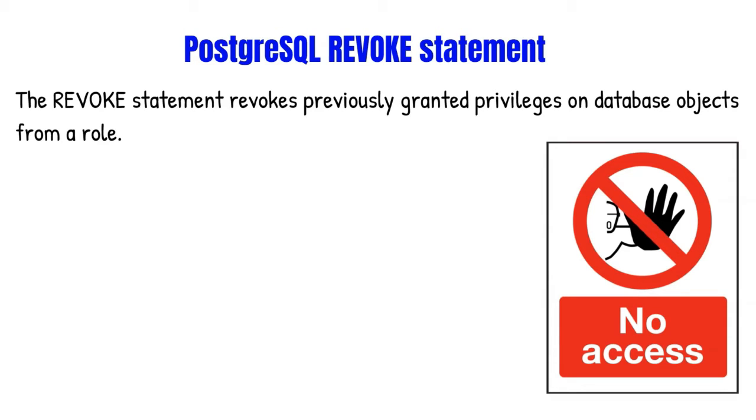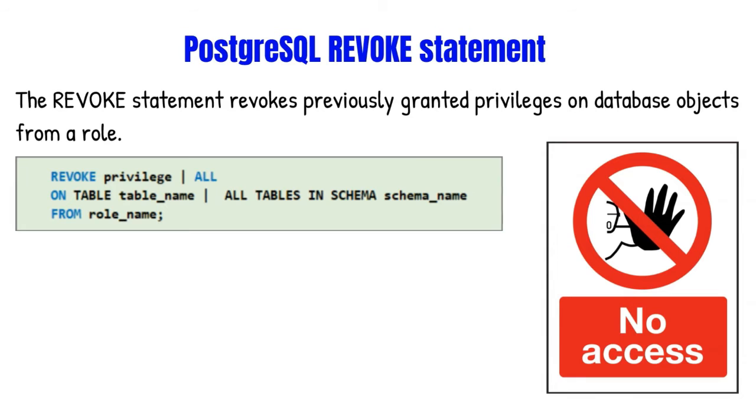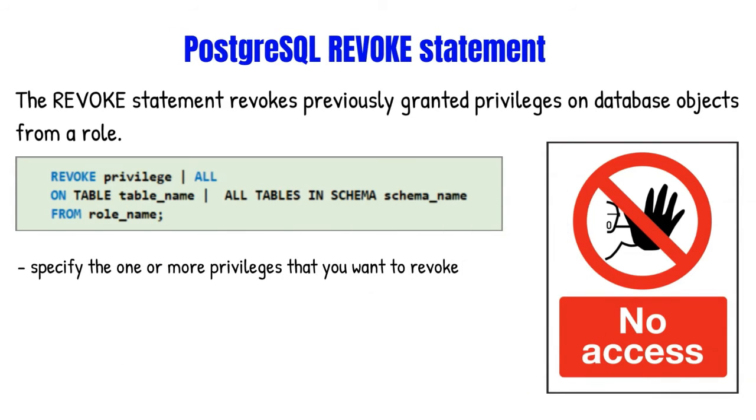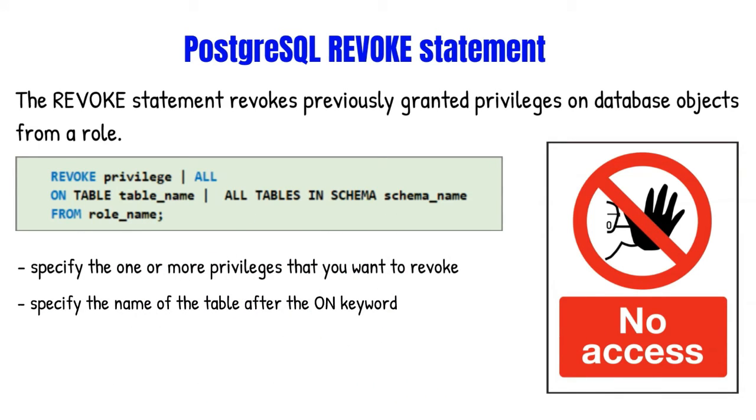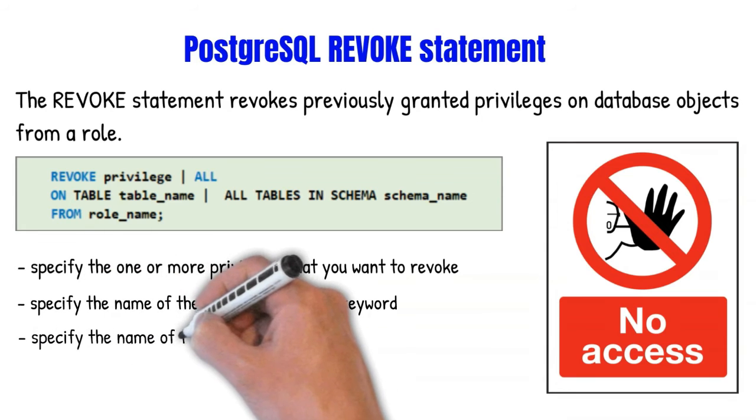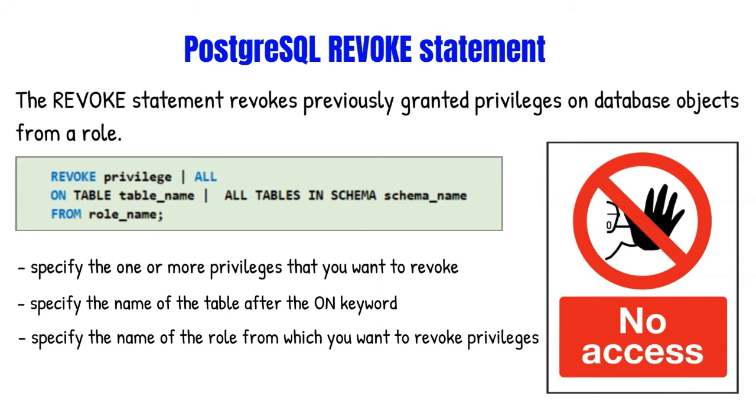The syntax for revoking privileges on a table is as follows. First, you specify one or more privileges that you want to revoke. You can use the all option to revoke all privileges. Secondly, specify the name of the table or object after the on keyword. And thirdly, specify the name of the role from which you want to revoke the privileges.